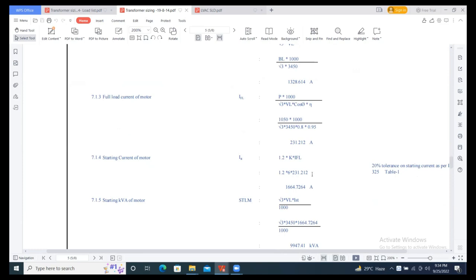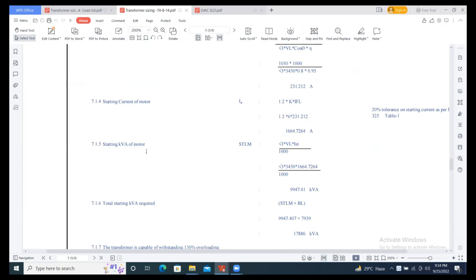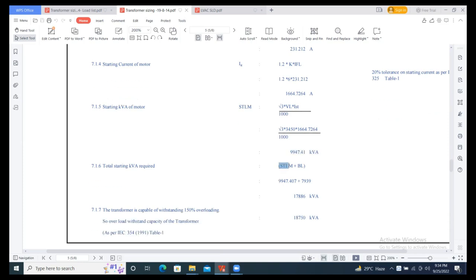And it was mentioned in IEEE 325 to take 20% tolerance on this. So this is the tolerance. And what is the starting kVA of the motor now? It is 9947. So this starting kVA plus the base load gives me this. This is my base load.